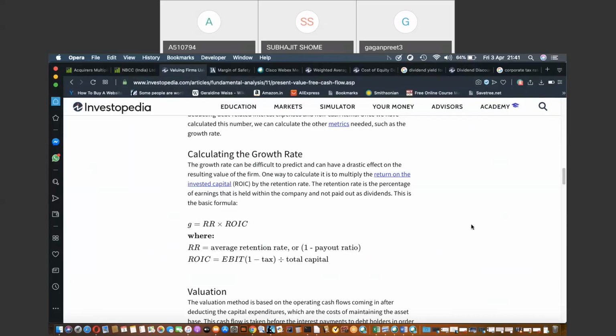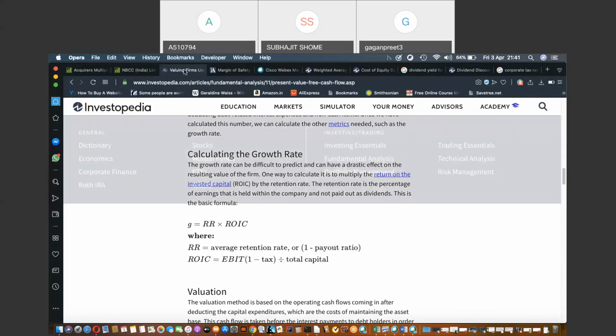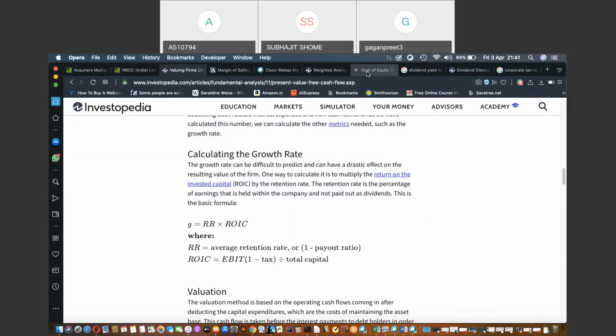So 459 is our EBIT 1 minus tax, and we want to know what is the total assets. So total assets means the entire right side of the equation. So we need to go to the balance sheet.